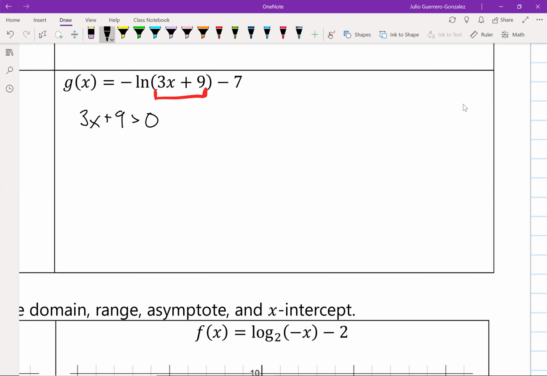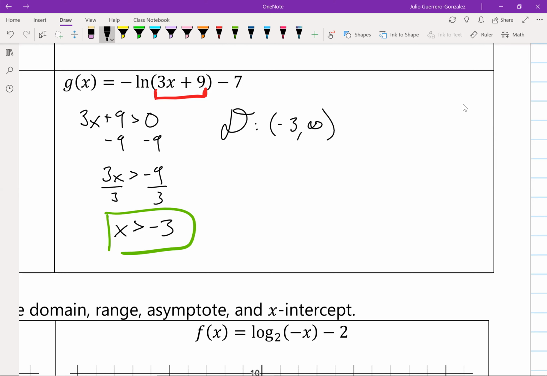X is greater than negative 3. So, domain. That'd be negative 3 to infinity. And then there's an x-intercept, which is negative 3.